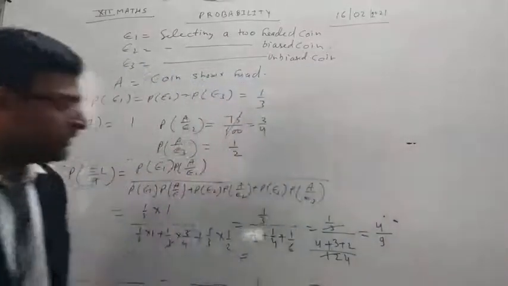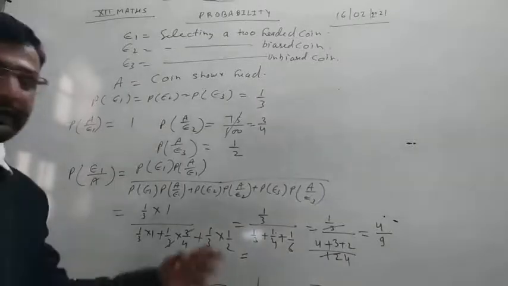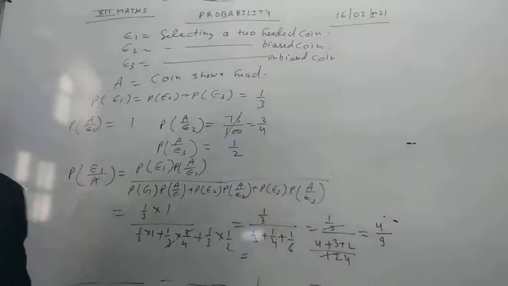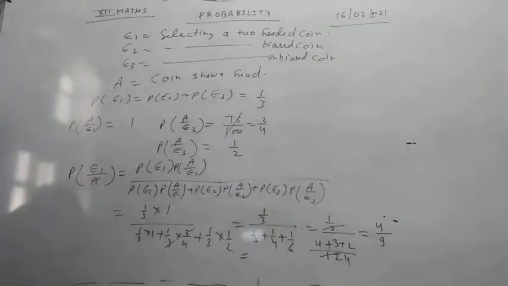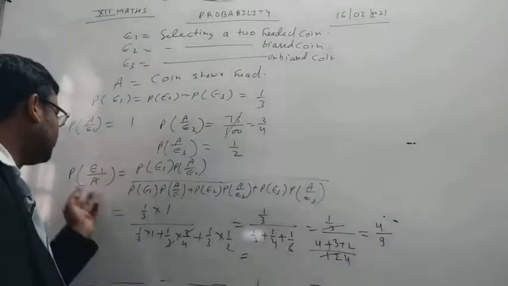This is the required result. In this way we find the probability that it was a two-headed coin.